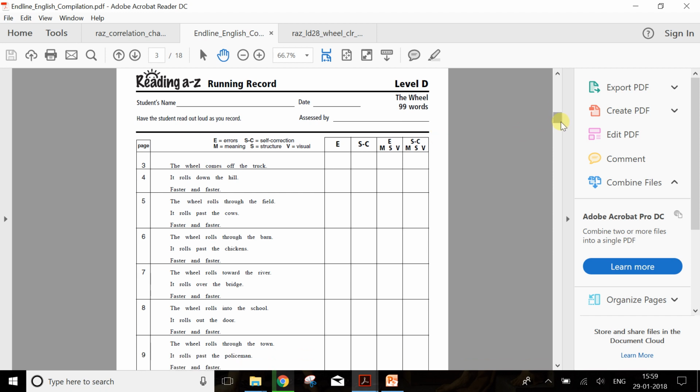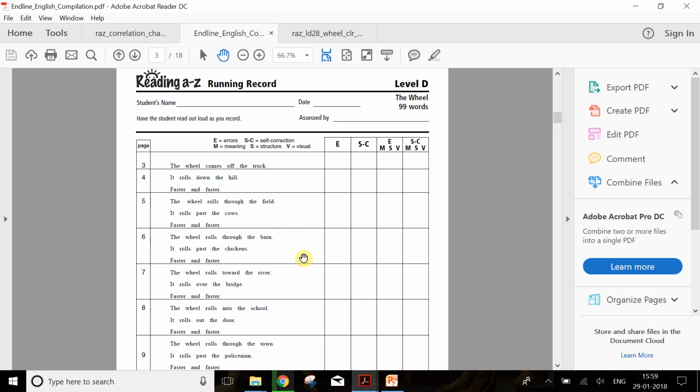So when the child is reading, what the volunteer will be actually assessing is the errors. So what do we call errors? If the child is not able to read a word, then we call it error. Or if the child reads a word wrong, then we call it error. So for example, the child is not able to read the word rolls, then it is counted as error.